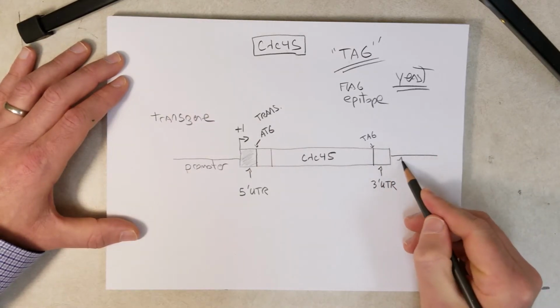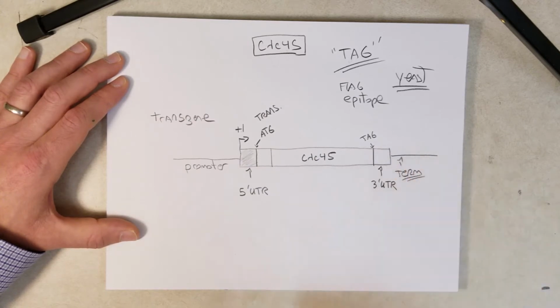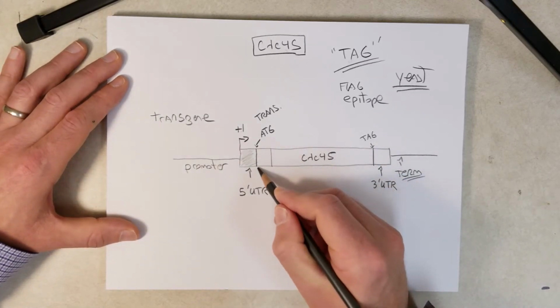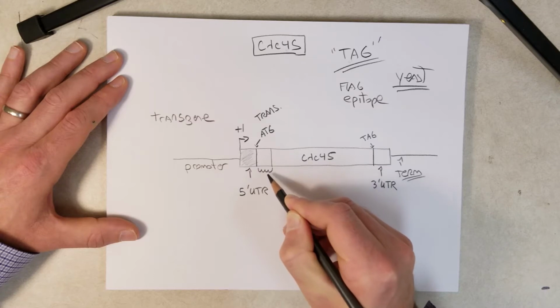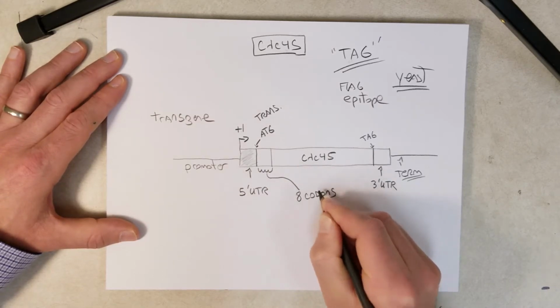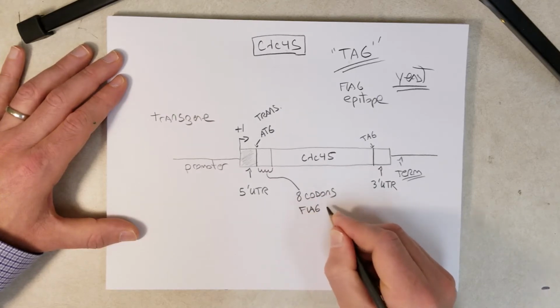And then we'll have some termination sequences over here to help that RNA polymerase II dissociate from the DNA template. Now, in here, this is where we need to put our 8 codons, right? Our 8 codons for the flag epitope.